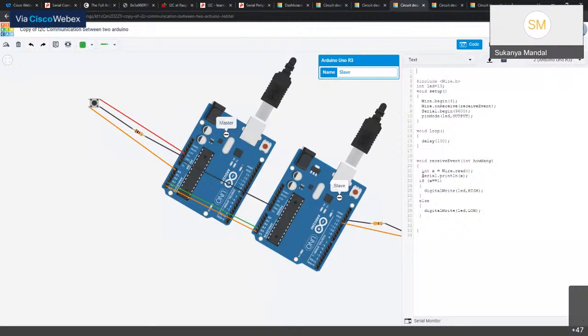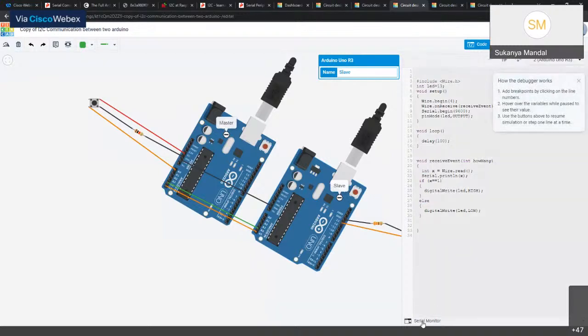Then we have void receiveEvent with an int variable where we take the wire reading. It prints on the serial monitor, and checks if the value of x is equal to 1. Then digitalWrite to the LED pin should be HIGH, else digitalWrite to the LED pin should be LOW.